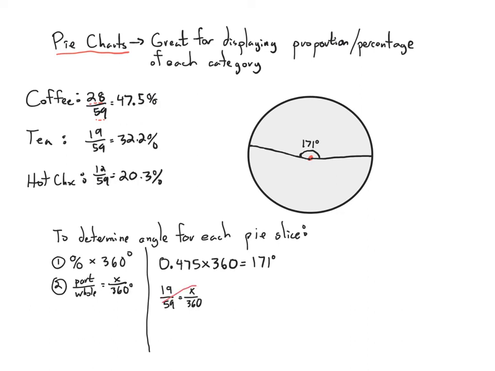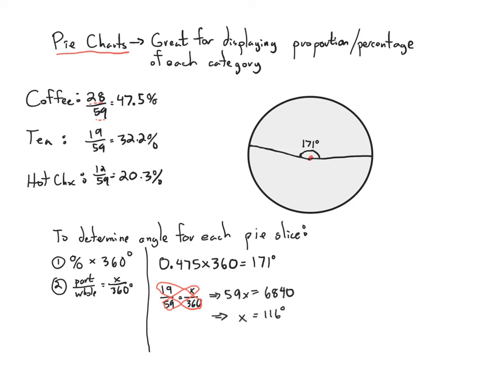If we want to solve for x, we're just going to cross multiply, and we get that 59x equals 6840, and divide both sides by 59, and we get x equals roughly 116 degrees.